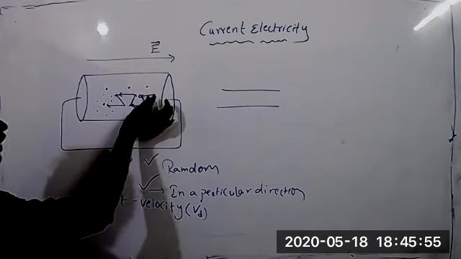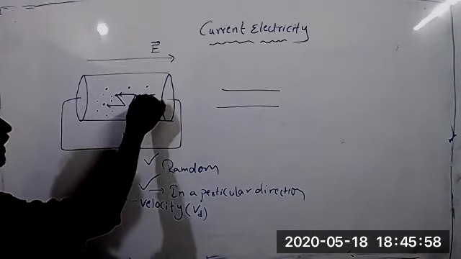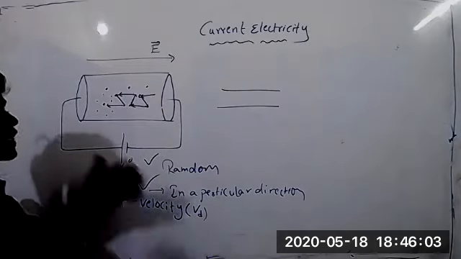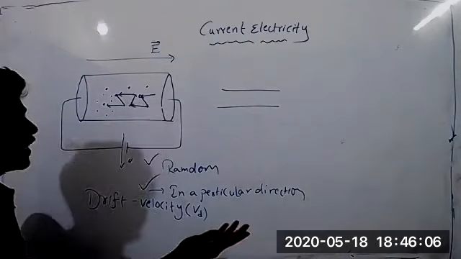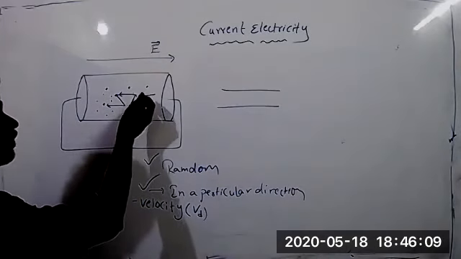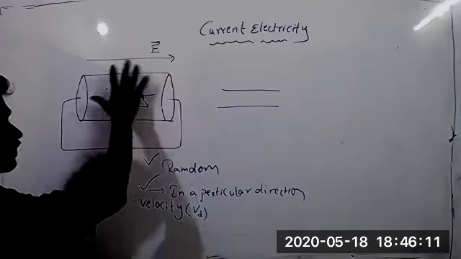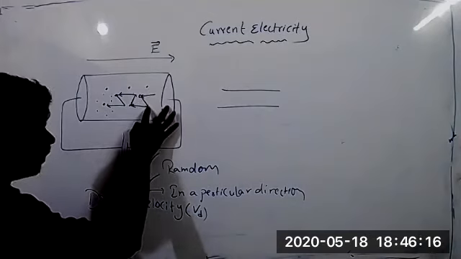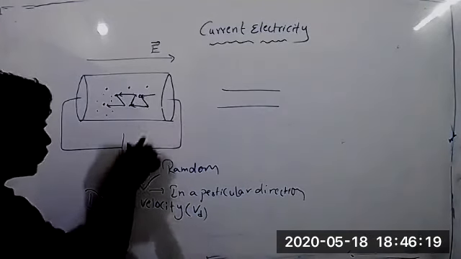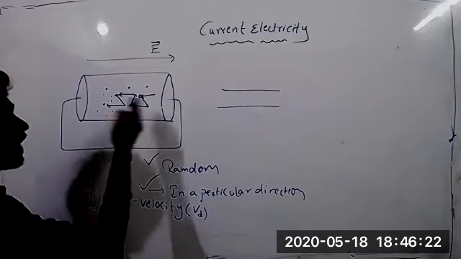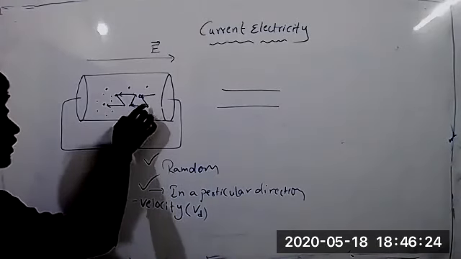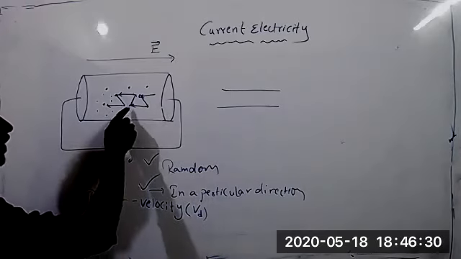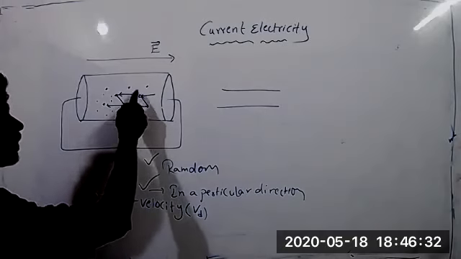Now, when an electron is gaining velocity, after gaining, it is trying to accelerate. When it is going to accelerate, it will collide with one more particle present in the conductor. Once it collides, it will lose some amount of energy, so it will come in this direction. After, due to this potential difference, again it will drift opposite to the electric field and again try to accelerate. But again it strikes with one more particle, it loses energy.